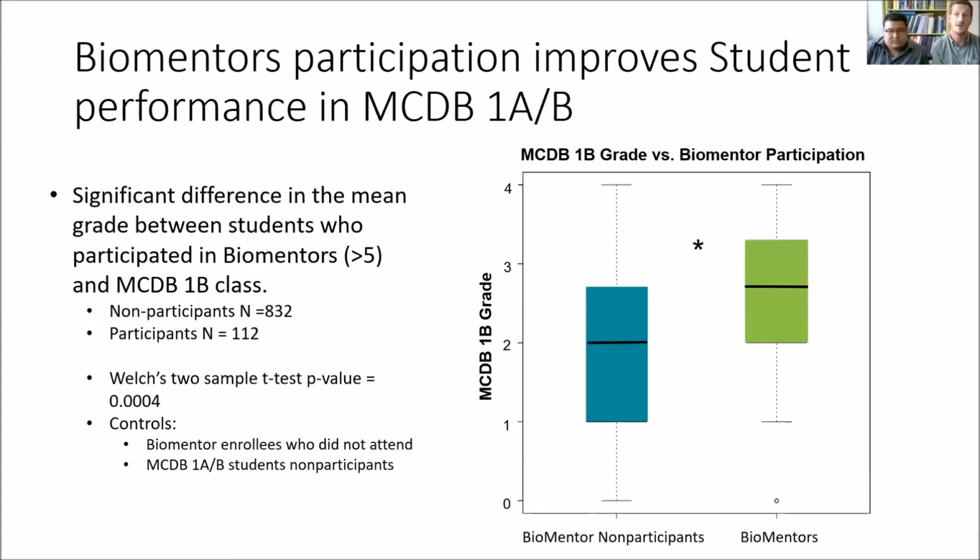This is probably the strongest predictor variable of student success, and after a year we have really good resolution in terms of that. So there's no difference in the students incoming, but there's a significant difference in their grade itself. As a side note, we don't have the data here, but I can tell you that students who participate in BioMentors are retained in the major at a significantly higher rate than their peers who do not participate.